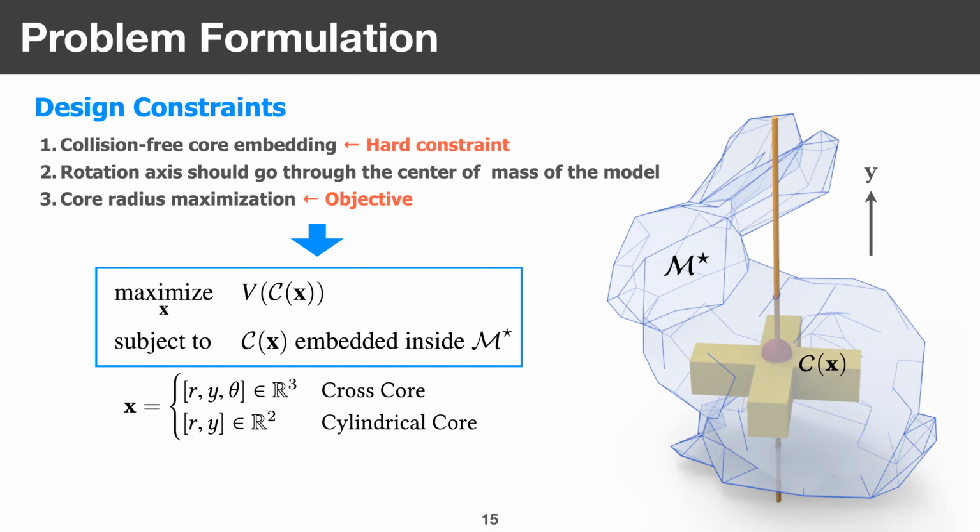The third design constraint is now our objective function. So we maximize the core volume subject to collision-free core embedding. We solve this optimization problem by employing particle swarm optimization.